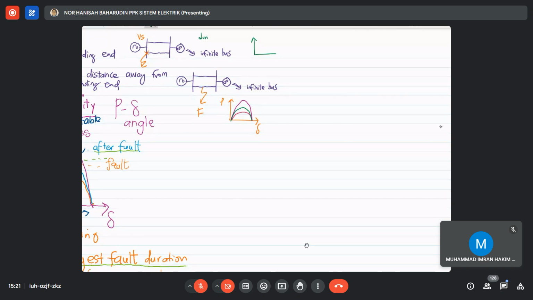During fault, PE will be equal to 0, and P1, pre-fault, will be equal to P3, because the fault is not damaging your transmission line. The transmission line is intact. That's why you are going to have only one curve for your power angle curve.